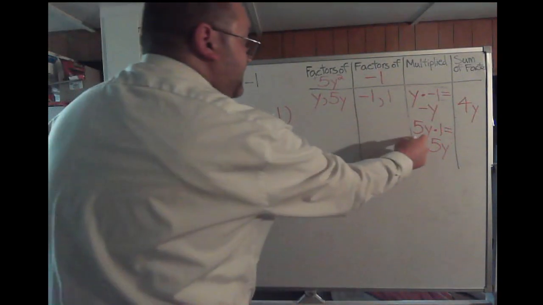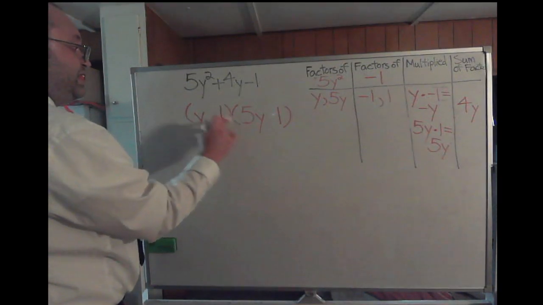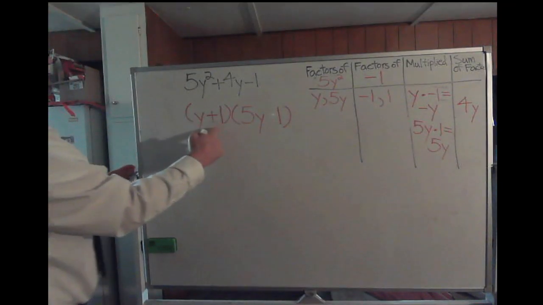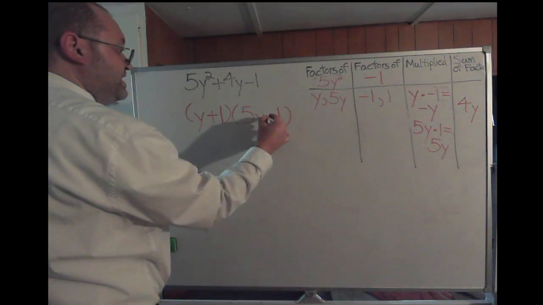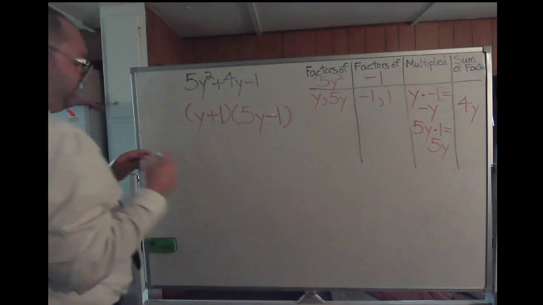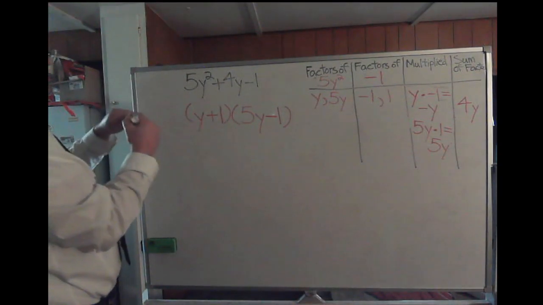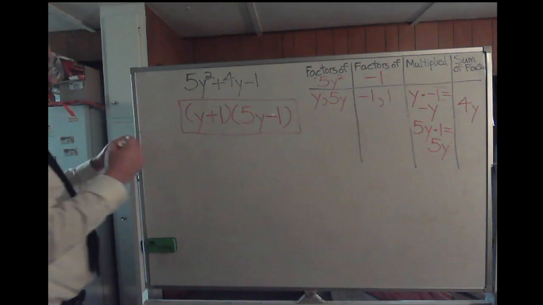Well, we multiplied 5y times +1, 1 times 5y, so this would have to be +1, since you multiplied 5y times +1, which can only mean the second one's got to be -1. So in the end, you end up with a quantity of y plus 1 times the quantity of 5y minus 1.